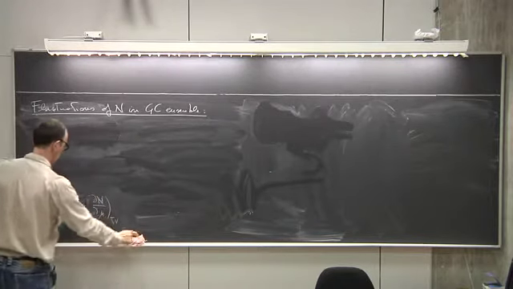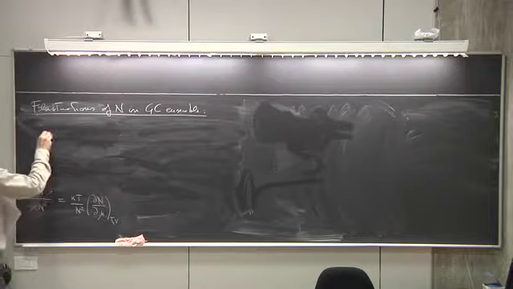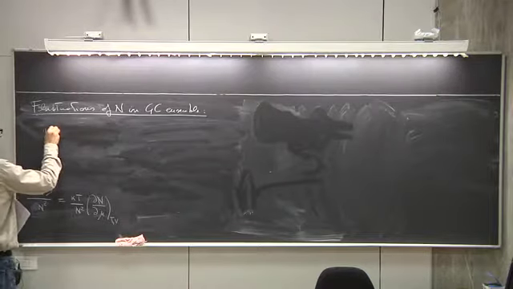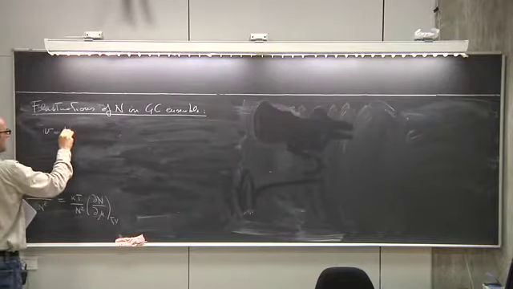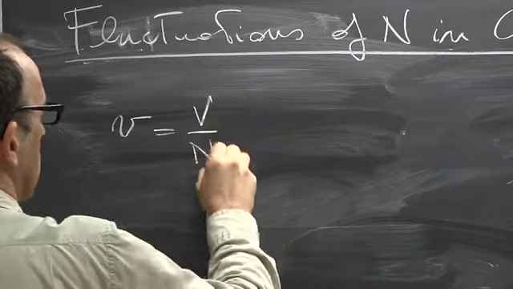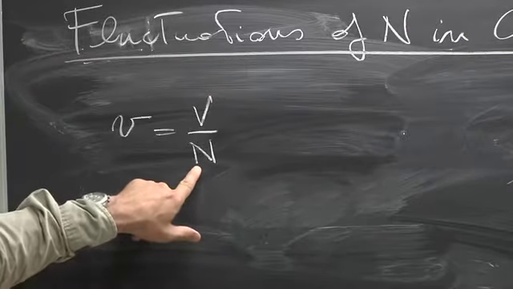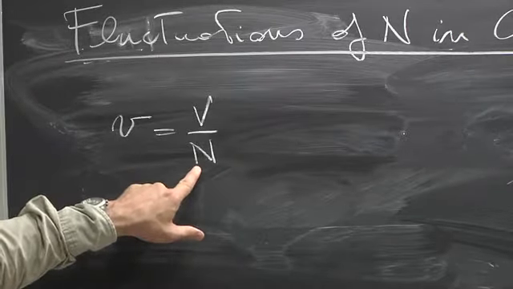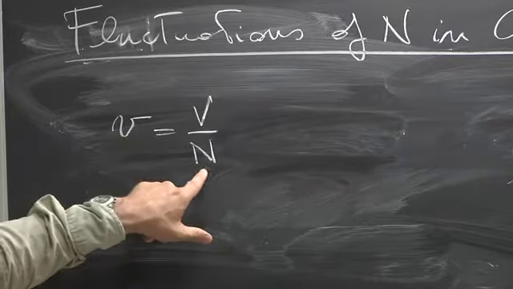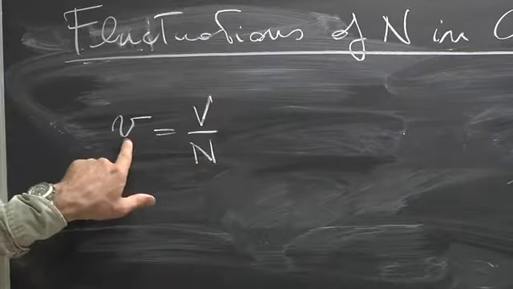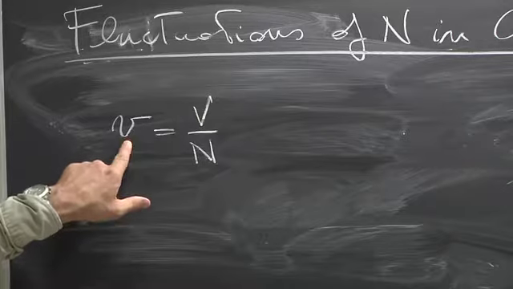So first I introduce the relative volume, which is the volume per number of particles. So instead of working with n as a variable, I consider small v as a variable.